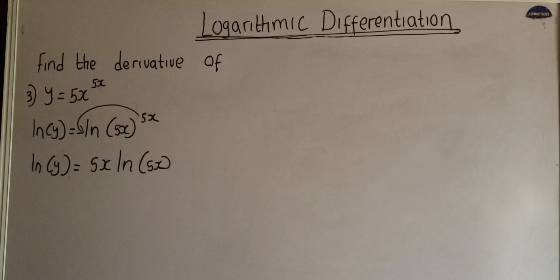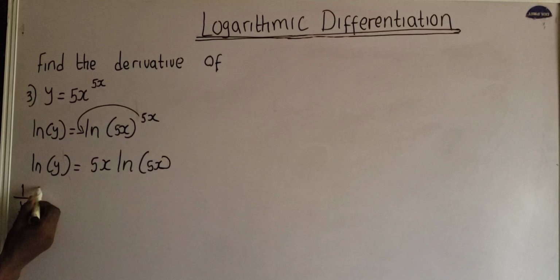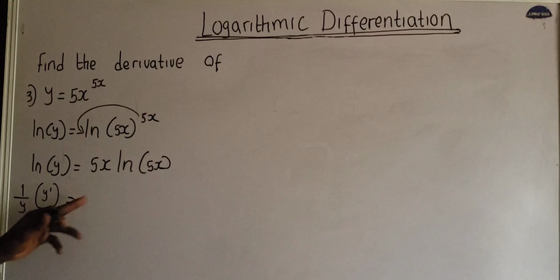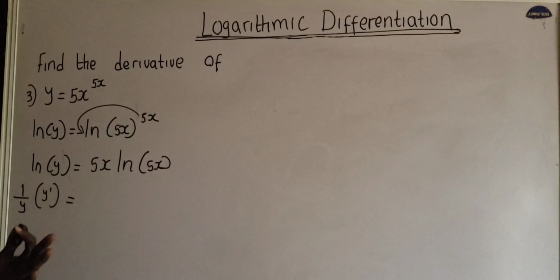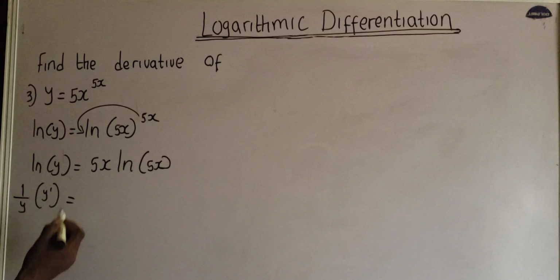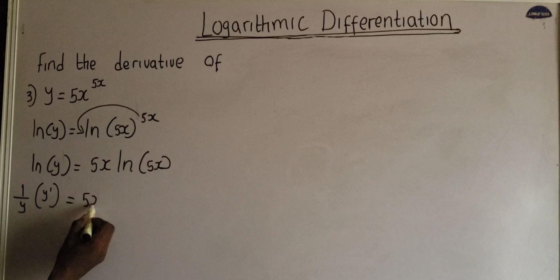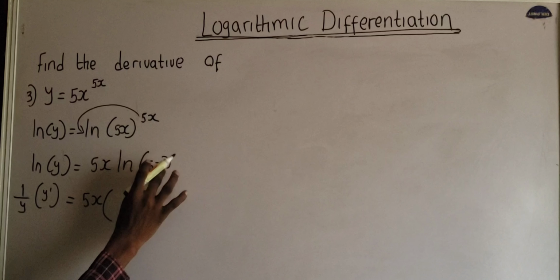Now the next step is to take the derivative of both sides. So I'm going to have 1 over y multiplied by the derivative of y is equal to the derivative of the right hand side, which is 5x ln 5x. If you take the derivative of this right hand side using the product rule, you are going to get 5x multiplied by the derivative of ln 5x.